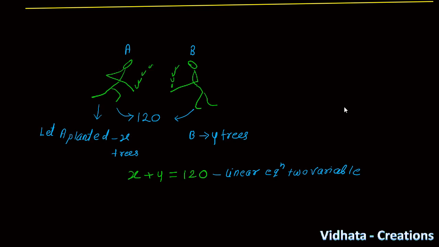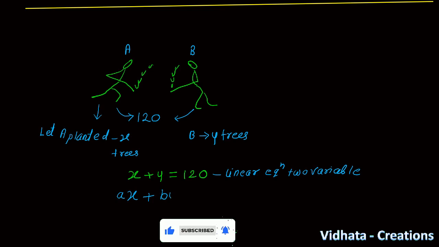The standard form of the linear equation in two variables is ax plus by is equal to c.